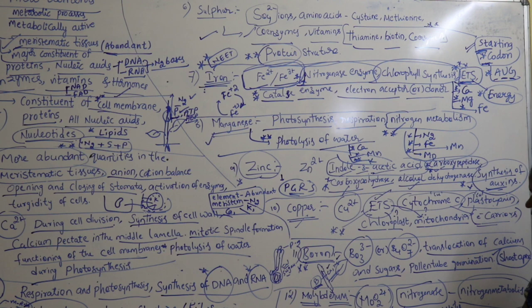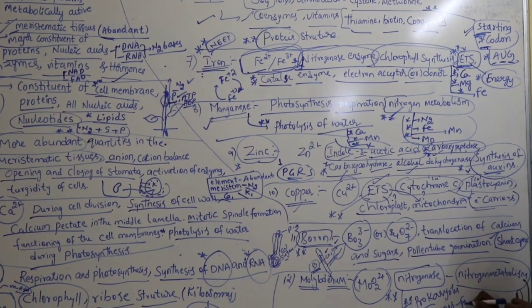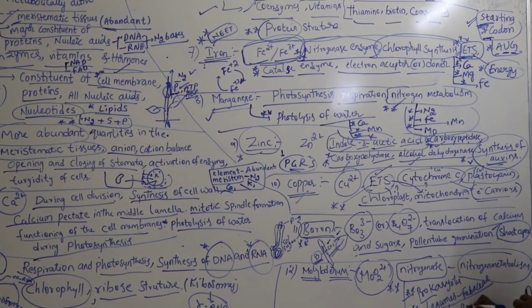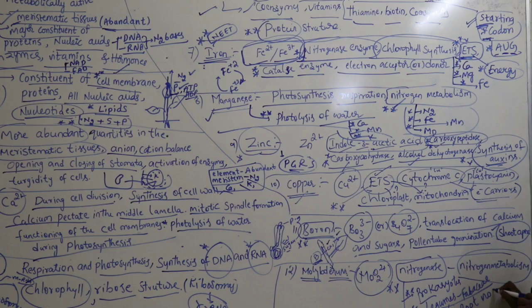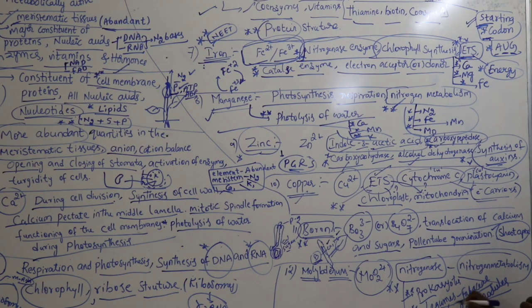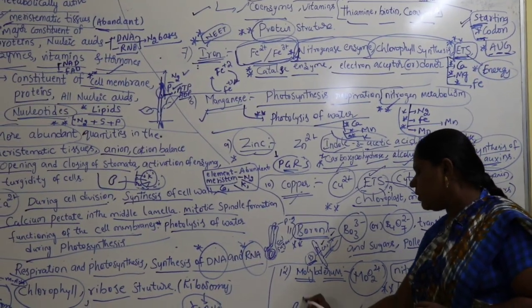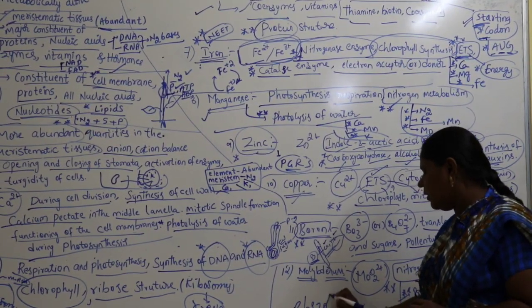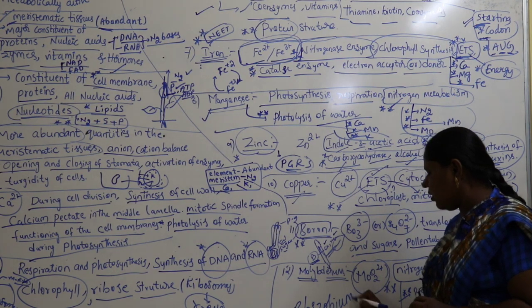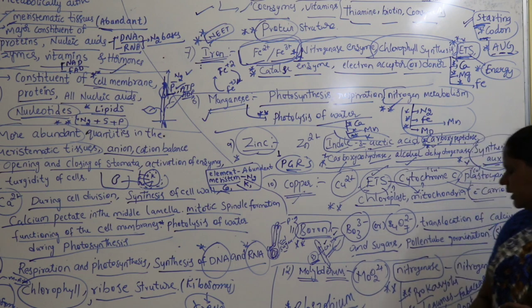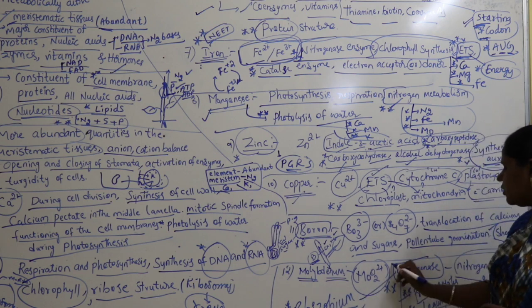Legumes, the Fabaceae members. What do these legumes contain? Root nodules. Guys, do you remember the story of the root nodule? The root nodule gives shelter or a symbiotic association with whom? Rhizobium. Now rhizobium is involved in the formation of what? The root nodule. The root nodule contains an enzyme called nitrogenase.